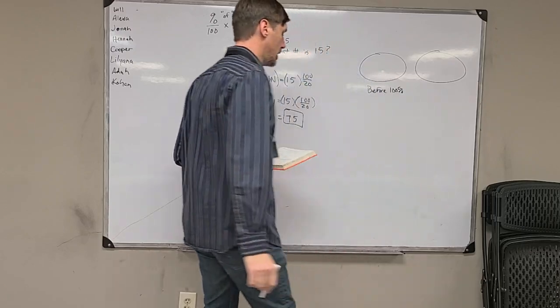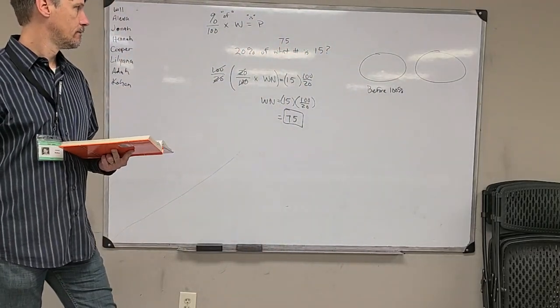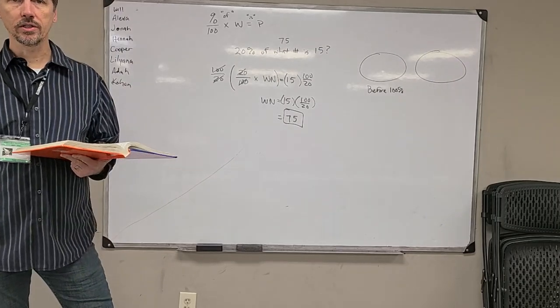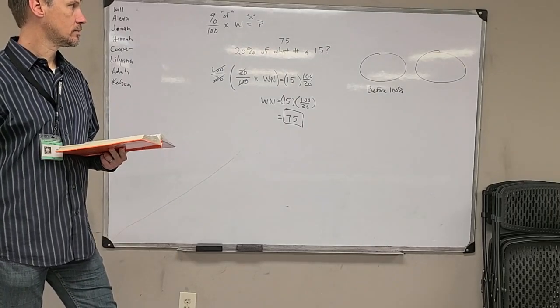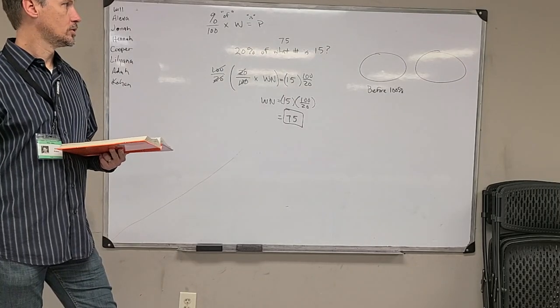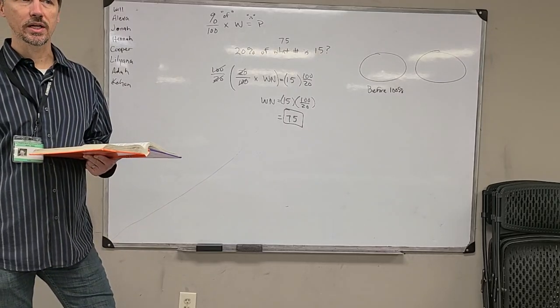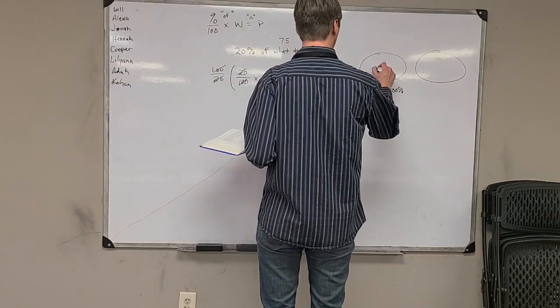And what is that 100%? What did we start with before we took a percentage? Our choices are the 75 or the 15. Which one's the starting number? Which one's the 100%? 75. 75, right? So of 75.